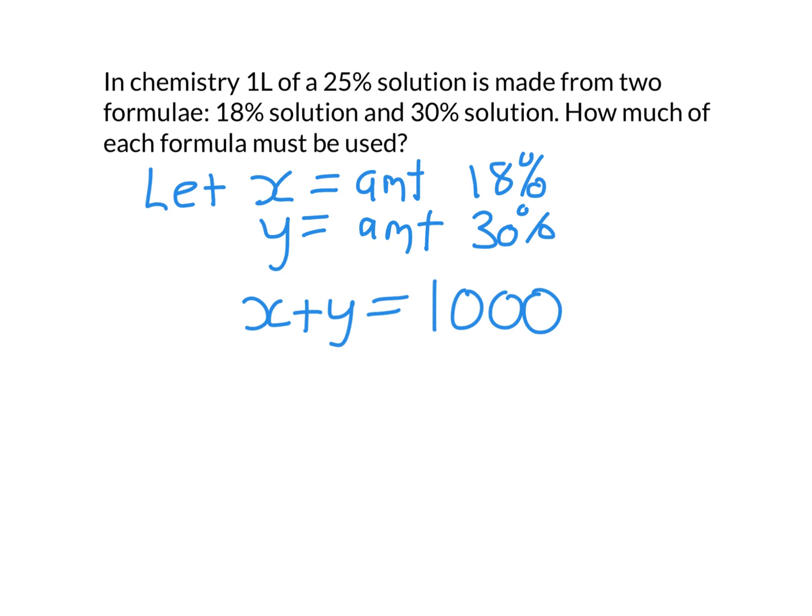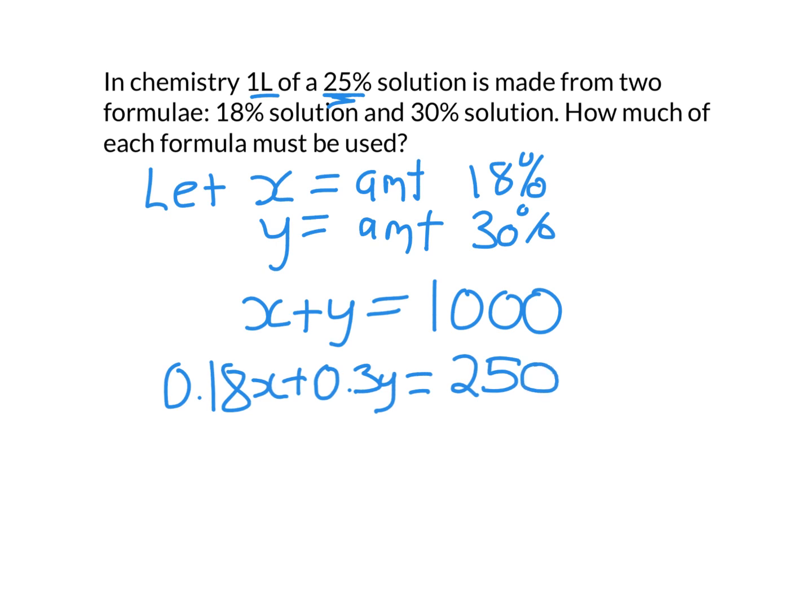The other equation tells us that 18% of the first solution plus 30% of the second solution is going to equal 25% of 1 litre, so I want 250 mils to contain this chemical. So I've now got my two equations.